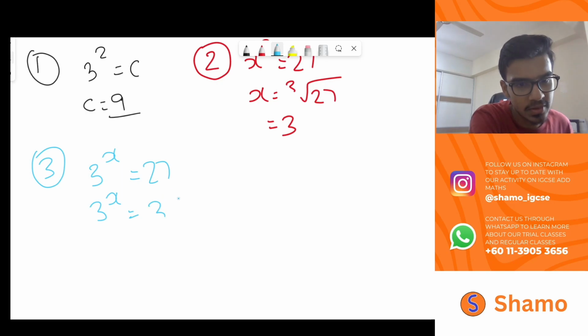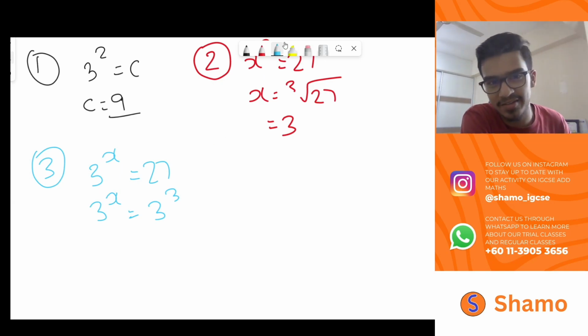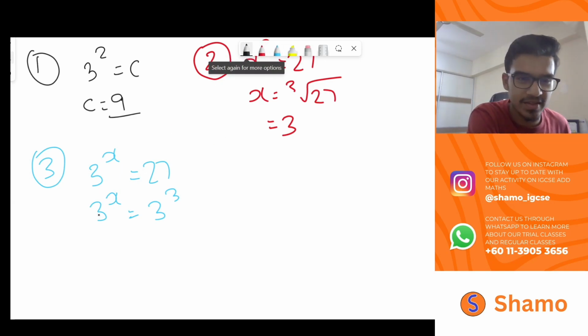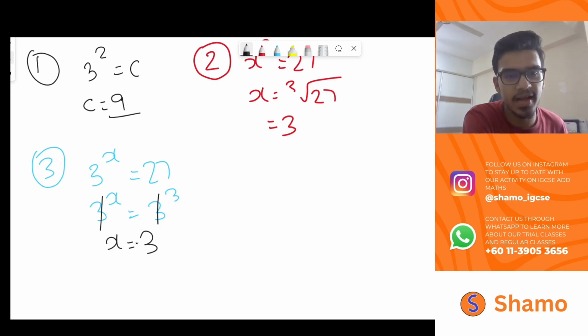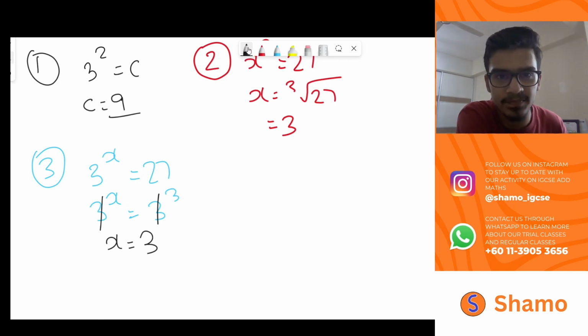So 3 cubed. And since we are very good with our knowledge in exponents, we know that, oh, this 3 cancels. So what is left? x is equal to 3. Yes or no? x equals 3 because 3 to the power 3 is equal to 27. Again, just basic stuff.